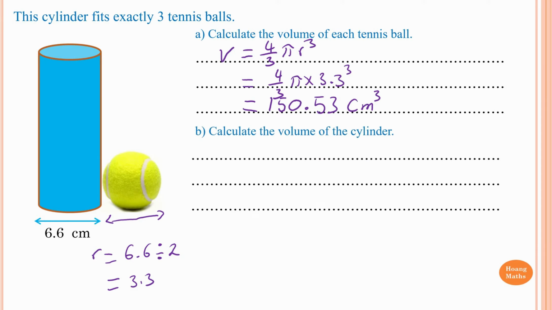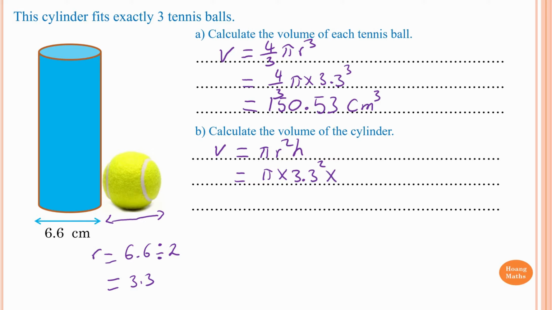So part B, calculate the volume of the cylinder. So the volume of a cylinder is pi r squared h, which is equal to pi times, now the radius of the cylinder is exactly the same as the radius of the tennis ball, which is 3.3 squared, times the height.